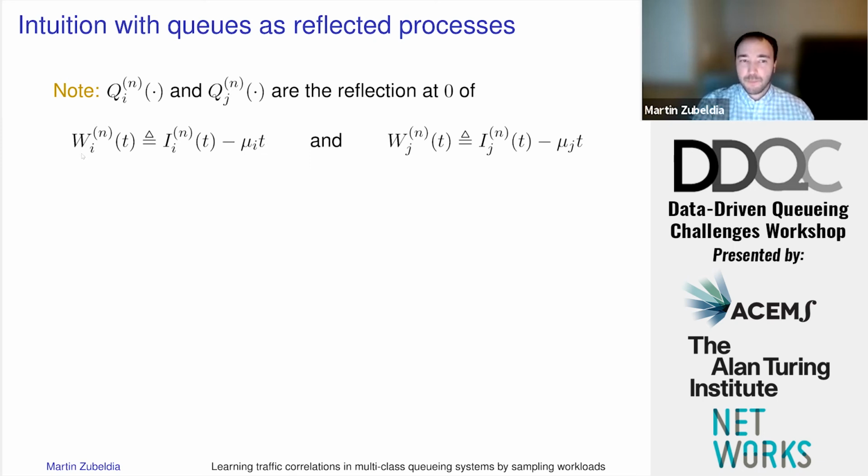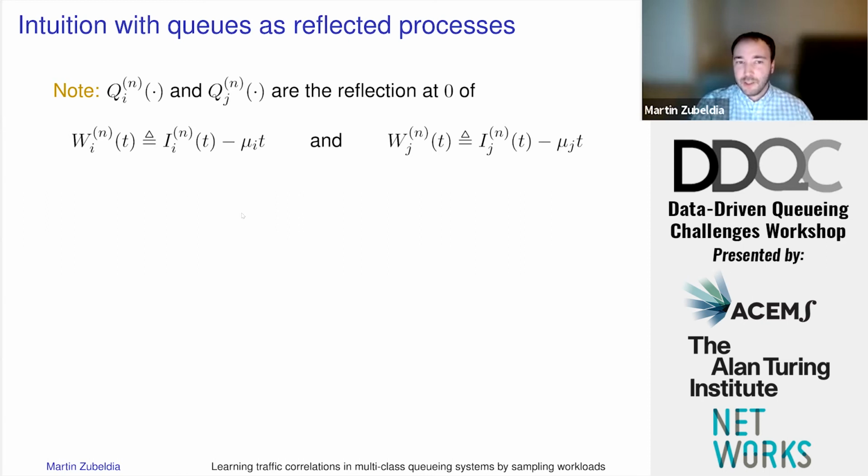If the system is stable, the service rate is bigger than the average arrival rate, so this workload process is almost surely going to go to minus infinity as t goes to infinity, because this term becomes bigger and bigger than this one. And the Qs can be seen as a reflection of this process at 0.